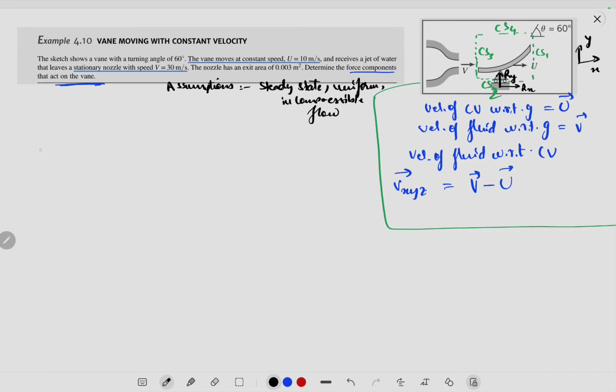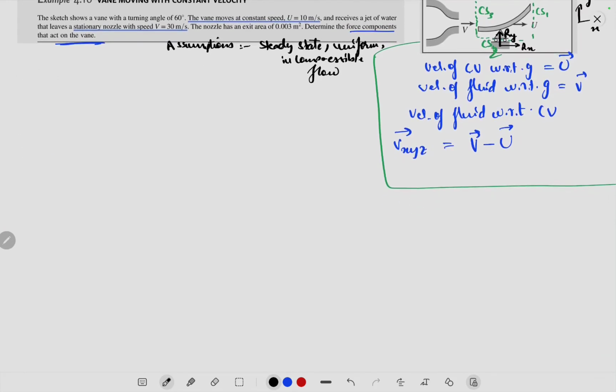From Reynolds transport theorem for mass, with these assumptions in mind, I have summation over CSi of rho V dot A equal to 0.